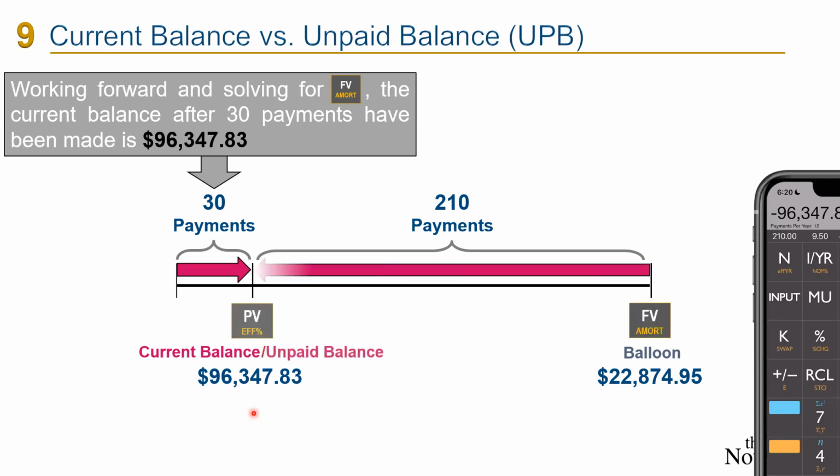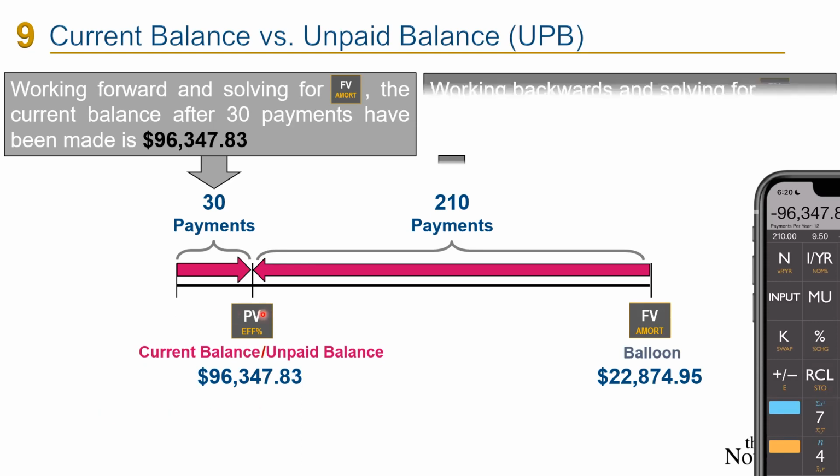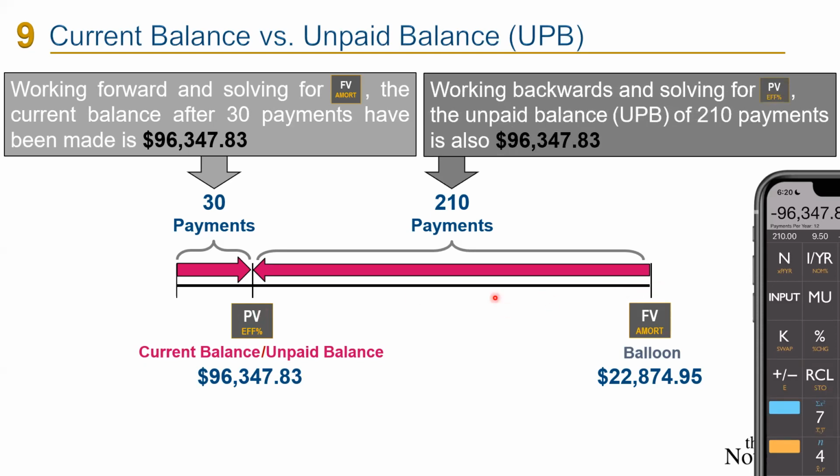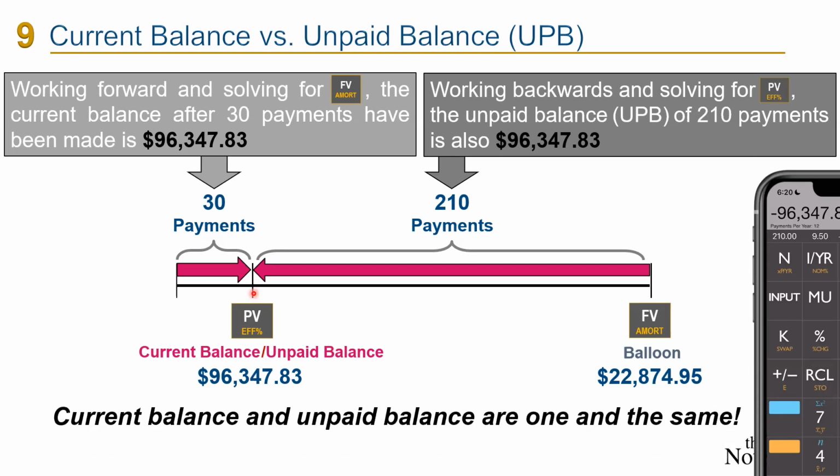Okay, but now, what if we work backwards? We look at the remaining payments and we work backwards and come back to this point. What we see is if we work backwards and we solve for PV instead of FV, then we find out that the unpaid balance of the 210 payments is also that same point on the timeline, the $96,347.